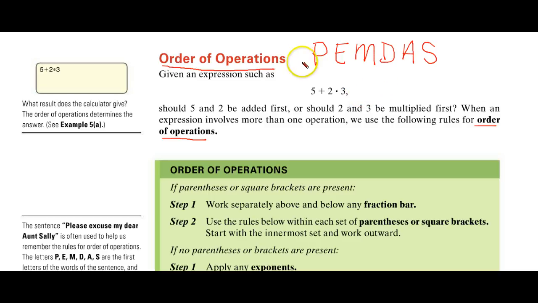Now, there are a number of different grouping symbols. The most common, of course, are parentheses. Another grouping symbol would be absolute value bars. Another grouping symbol would be a fraction bar. And then for parentheses, there are sometimes brackets and braces. But these are all grouping symbols. And we'll see this as we go on to some examples.